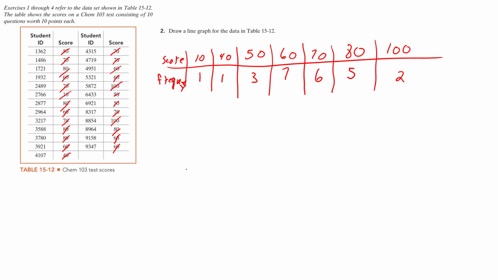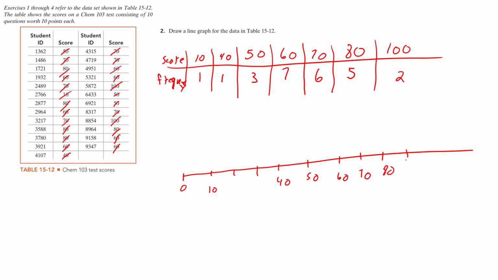And so for a bar graph over here, start with 0 and then 10, 20, 30, 40, 50, 60, 70, 80, 90, 100.